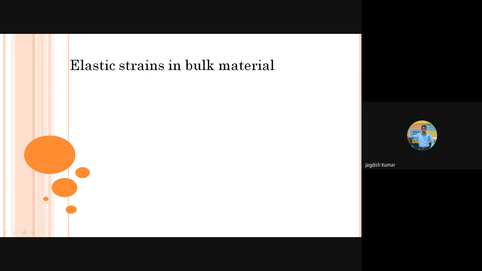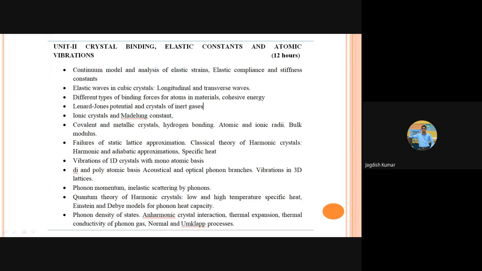Well, so today we shall be beginning with our next unit. Before I start discussing the contents in detail, let me quickly present a very quick overview of what all is covered in the second unit.